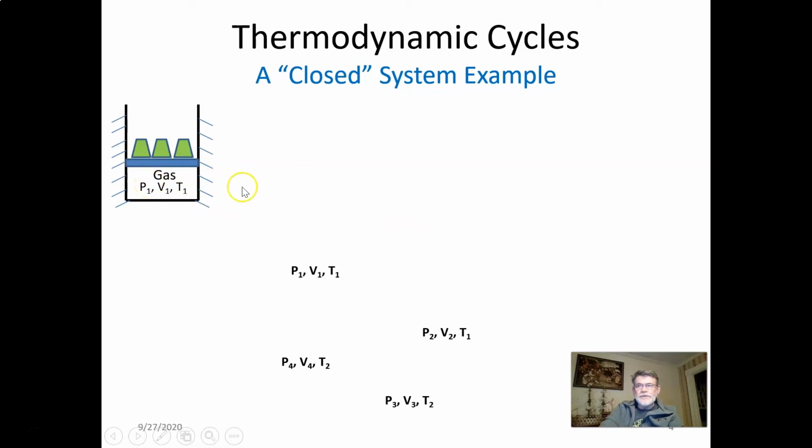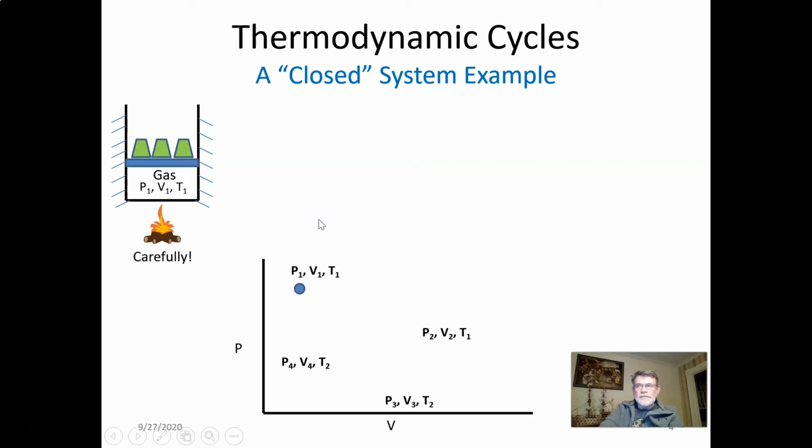The volume of the cylinder is changed by a moving blue piston that you see, and the pressure is changed by placing or removing those green weights on the piston. So we have two sources of heat. You have the fire, and you have ice as well, which is another source of heat, but it's colder.